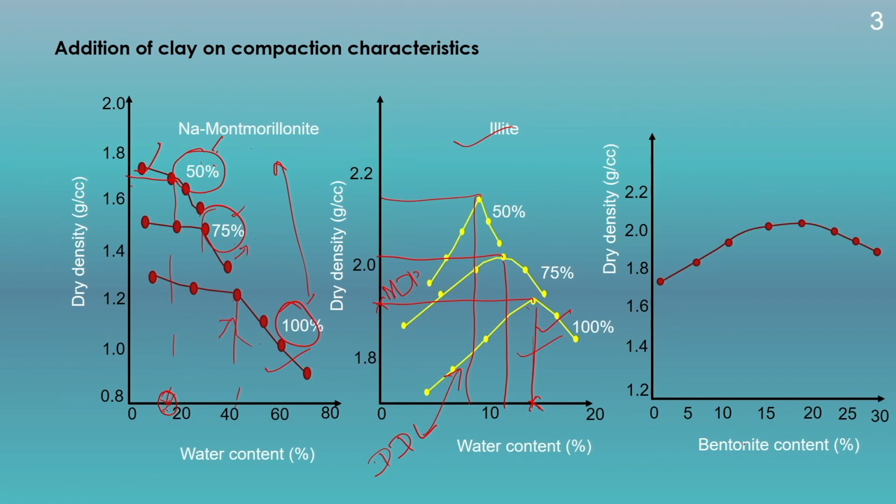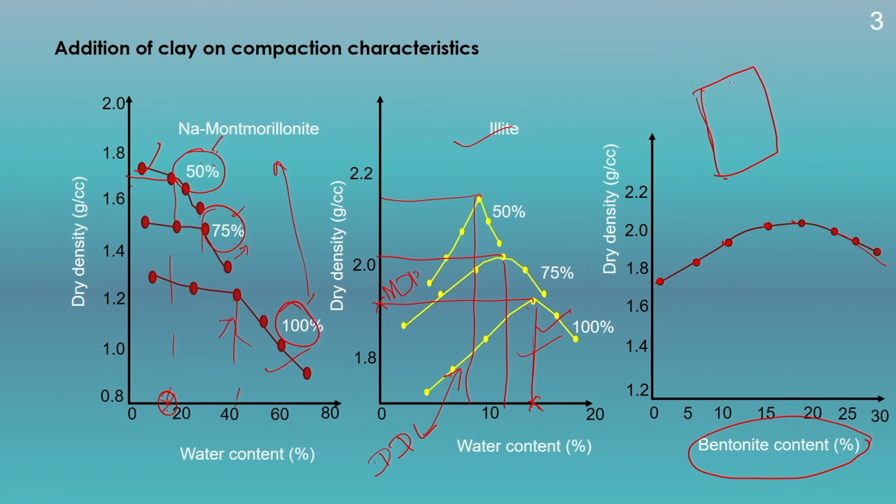Now, if we compare the bentonite content or montmorillonite content with the dry density, we can see that with increase in the montmorillonite content, the dry density of the soil will increase at the beginning and then it will start to decrease. This first increase and then decrease in the dry density can be explained in terms of the soil fabric over here.